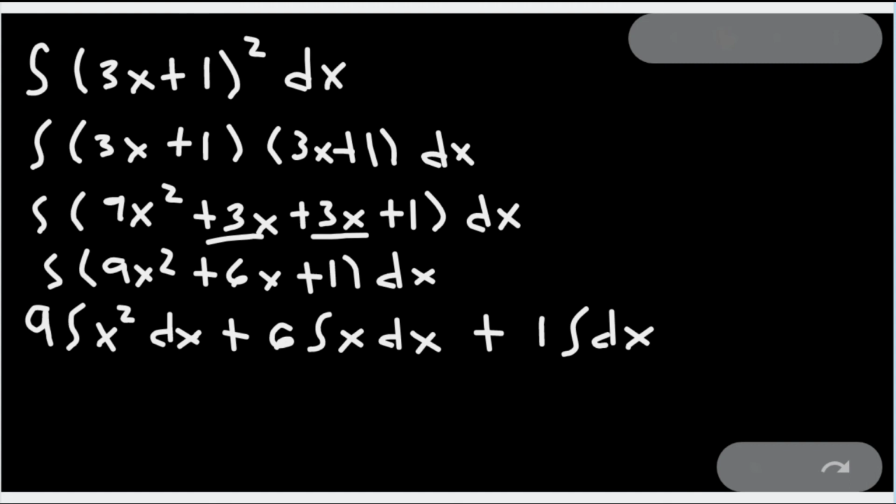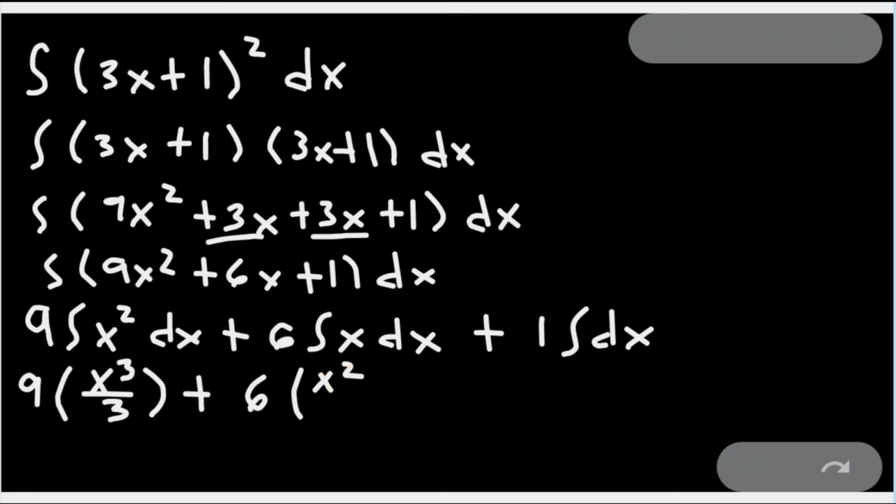So what we need to do is just simply 9, then 2 plus 1 is 3, so x cubed over 3, plus our n here is 1. So 1 plus 1 is equal to 2, so 6 times x squared over 2, plus the integral of dx is x. So plus x. And don't forget the plus c.